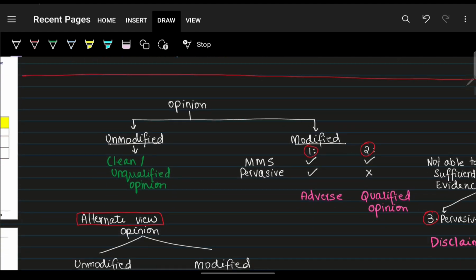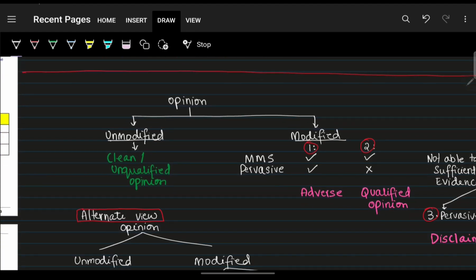Okay, next we came to the types of opinion. Prima facie there are two types, which are unmodified and modified, right? What does unmodified mean? It means that there is no material misstatement, or that the auditor is reasonably sure that there is no material misstatement.